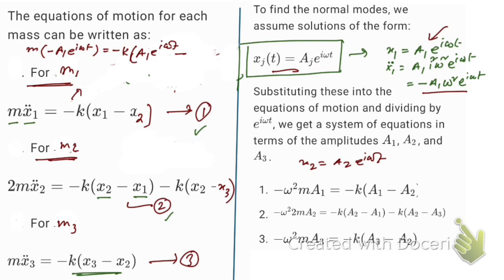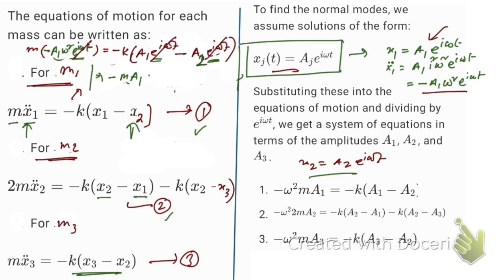Sorry, I missed the omega squared here. Instead of x1 double dot we should put minus a1 omega squared e to the power i omega t, so the e to the power i omega t cancels.